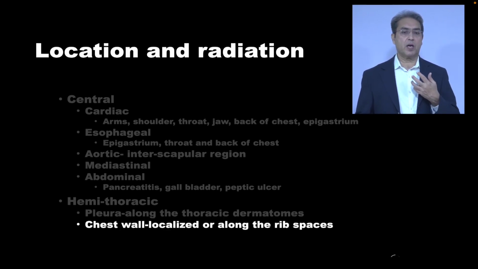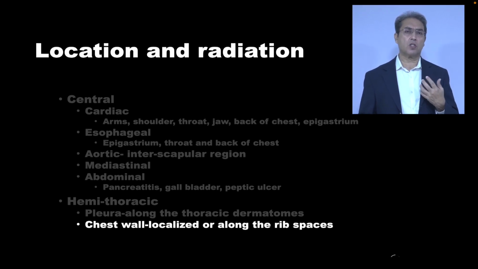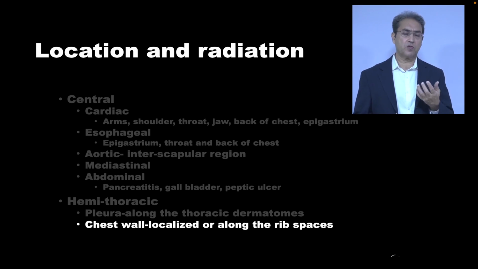And then we can have chest wall pains, which can be localized or can radiate, and they usually are present on the sides. Some of the chest pains may be close to the center, for example, when the joints of the ribs with the sternum are inflamed and the patient may have pain close to the midline, but these pains generally do not cross the midline. They remain on one side.